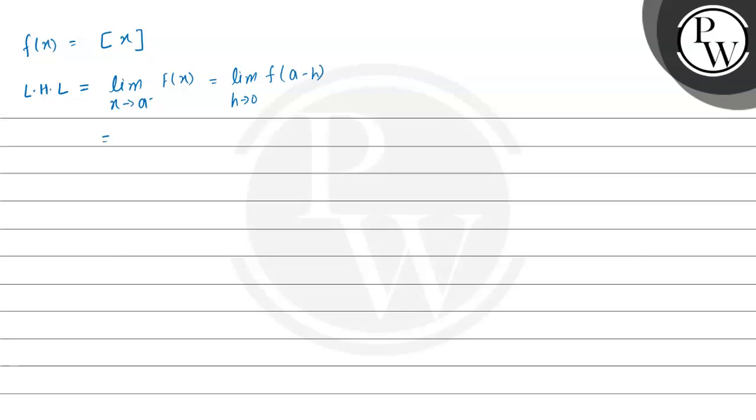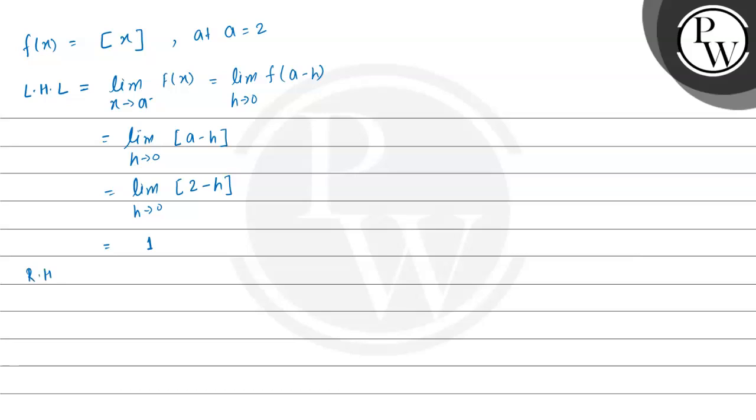If we put a minus h in the function, we get limit h tends to 0 greatest integer function of a minus h, and we have to check continuity at a equal to 2. So we can write limit h tends to 0 greatest integer function of 2 minus h. Since h is a small value and we are subtracting it from 2, the nearest integer will be 1. So this will be value 1.